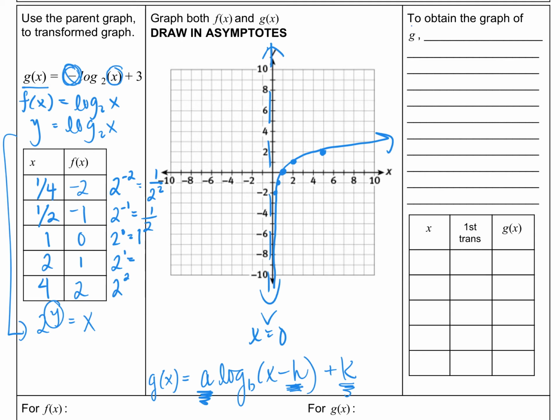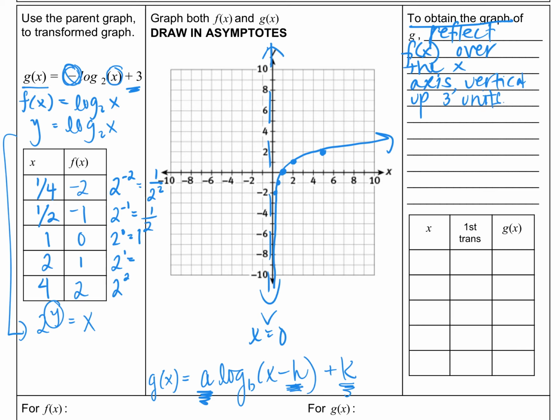So I'm going to say to obtain the graph of g, reflect f of x, the parent graph, over the x-axis. Then there's also this +3 outside, which means it is going to be a vertical translation up 3 units.